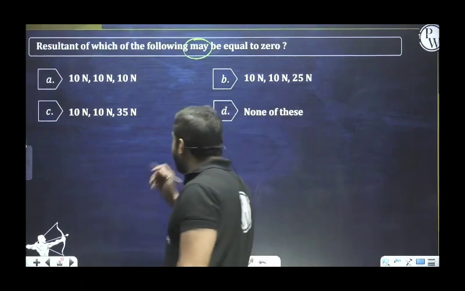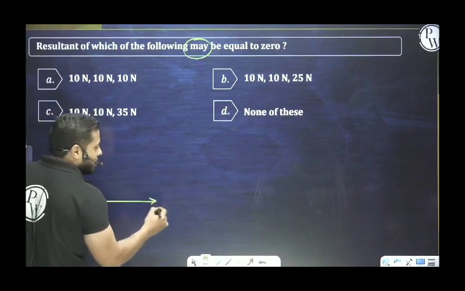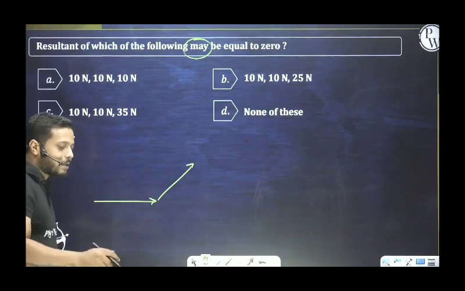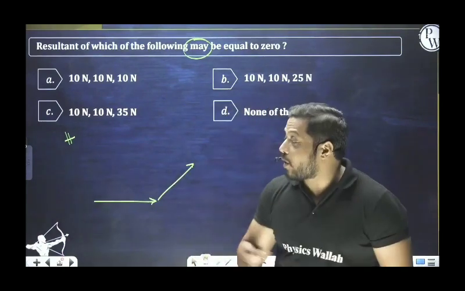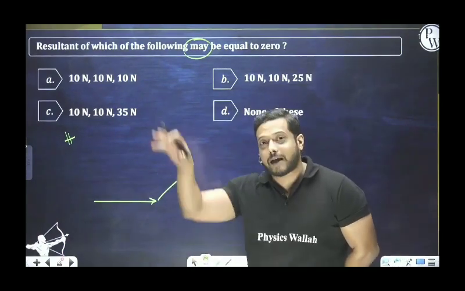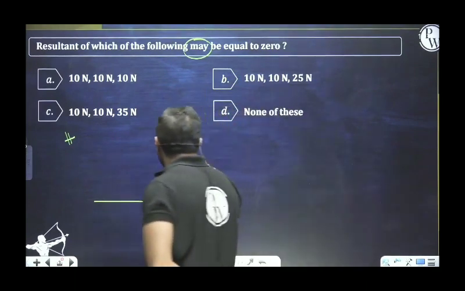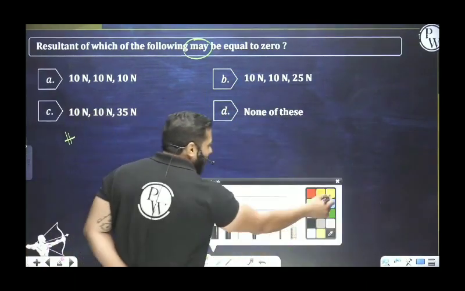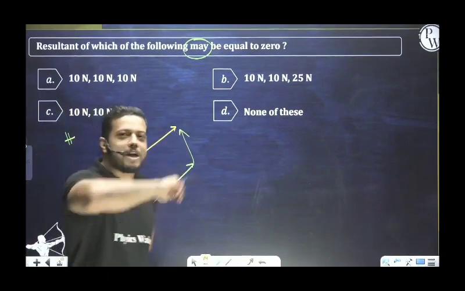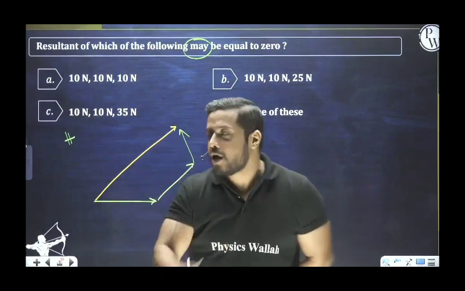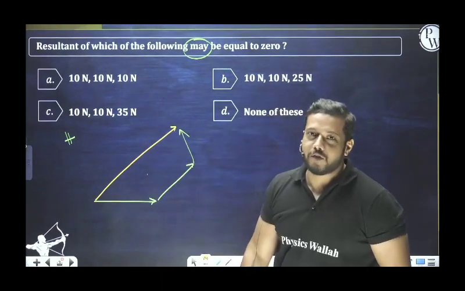You might know that if we have to add 2 or more than 2 vectors simultaneously at a point, then we can use the polygon law of vectors, in which we have to arrange all the vectors in order on the adjacent sides of the polygon. Then the resultant of all these vectors is shown by a single side in opposite order from the initial to the final point. Once you do it, you'll get the resultant of these vectors.